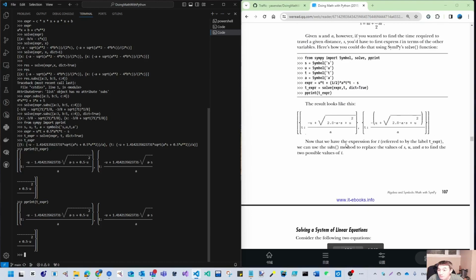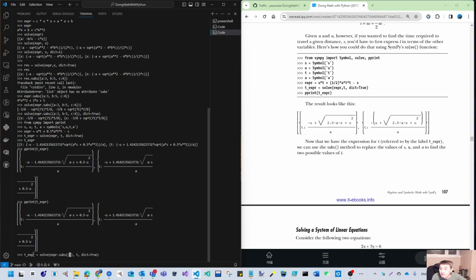Now we have the expression for t. So I refer to this label. We can use the subs method to replace the values of s, u, and a to find the two possible values of t. So what we can do here is express dot subs with our dictionary.